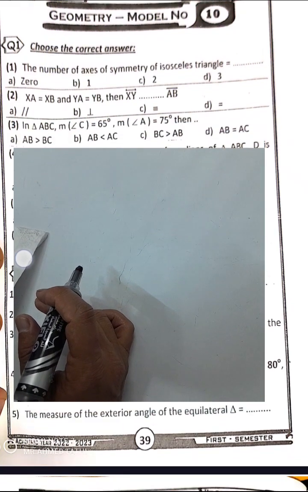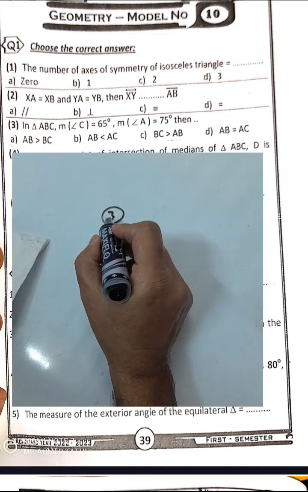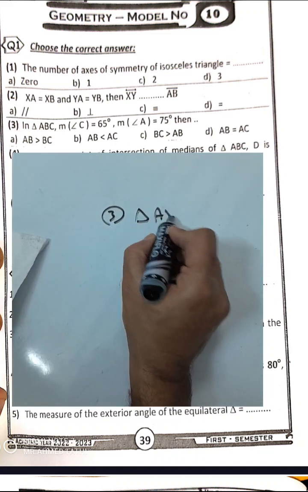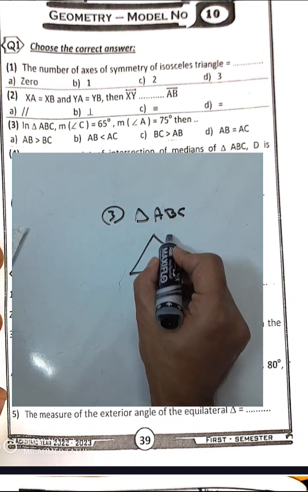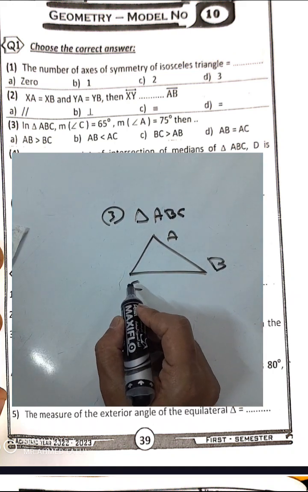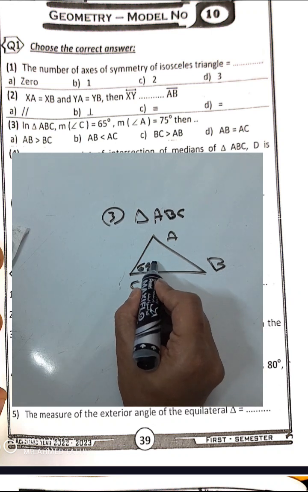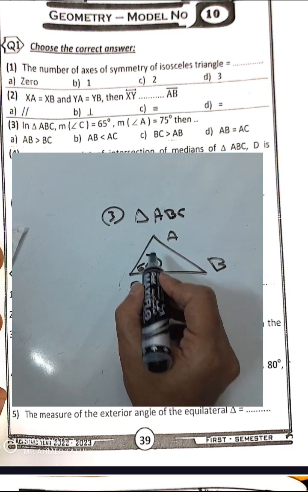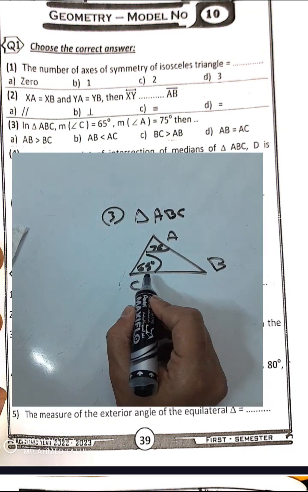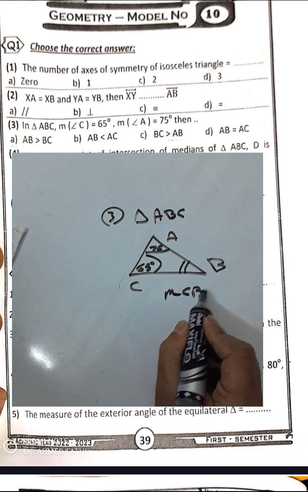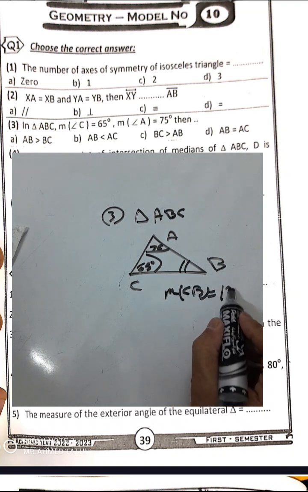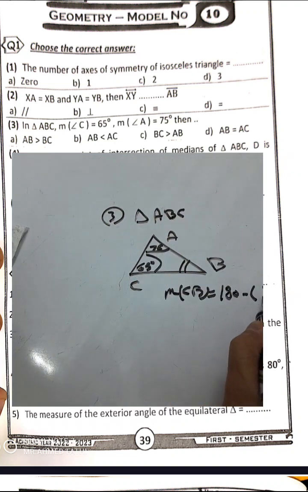Question number 3. In triangle ABC, they give us the measure of angle C equals 65 degrees and A is 75 degrees. Then we have to find the relation. In the first step, we must find the measure of angle B: 180 subtract the sum of 75 and 65.